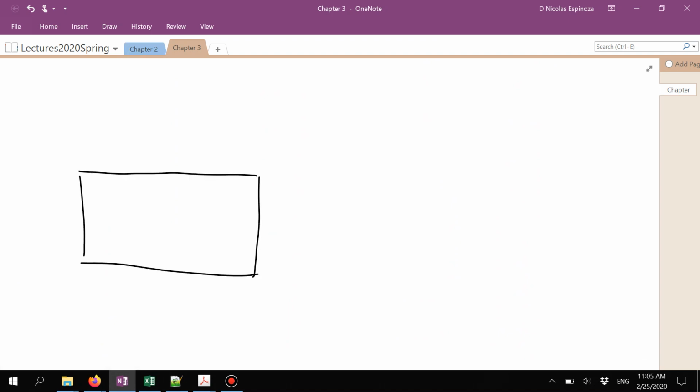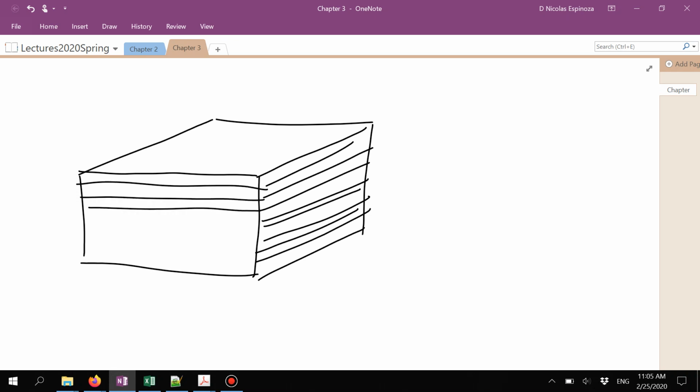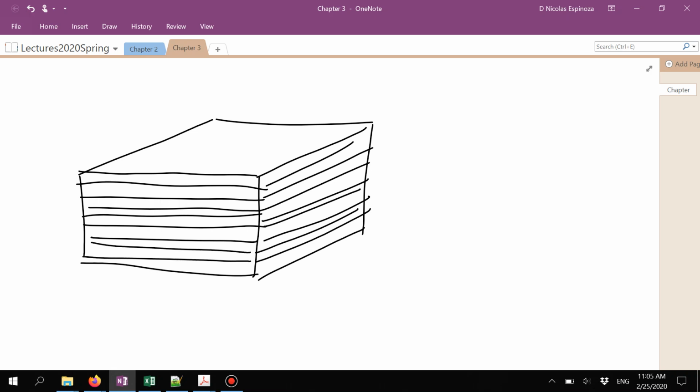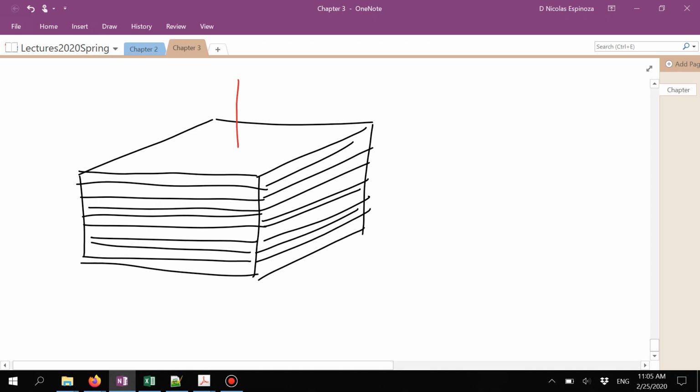If we were to have a solid with layers that are responsible for the anisotropy of the rock, then we will say that this solid, as long as it has an axis of symmetry, like this, let's say this is axis number 3, and let me check my right-handed coordinate system.